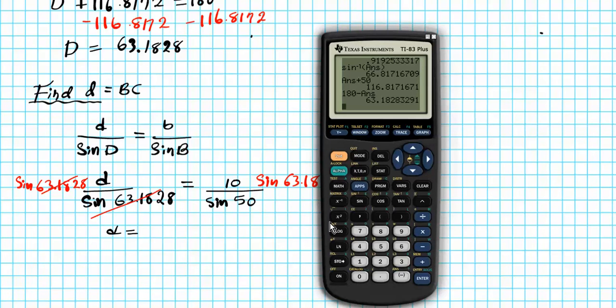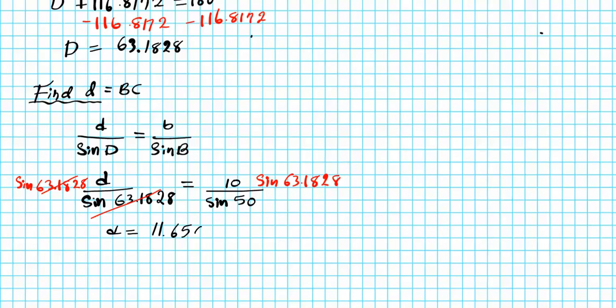We're going to get parenthesis 10 sine of our previous answer, to preserve accuracy, divided by sine of 50, enter, and that's our answer, 11.65011. So side BC is equal to, we're asked to round it to the nearest tenth, so it's going to be 11.7 to the nearest tenth.